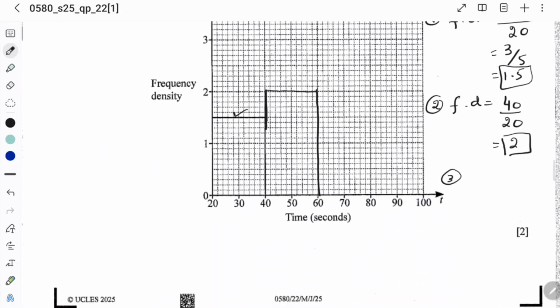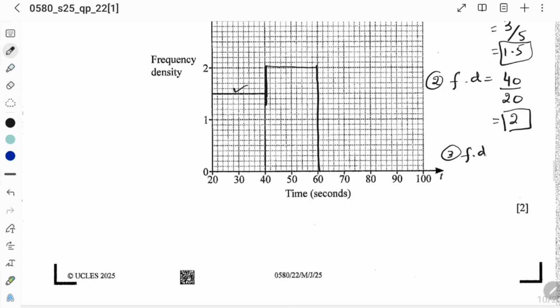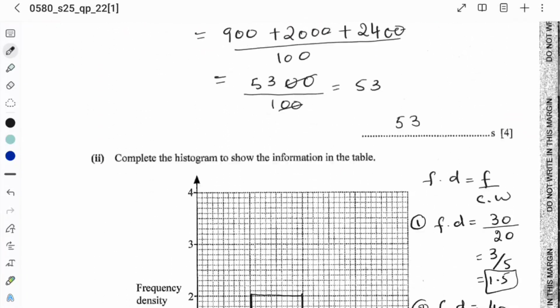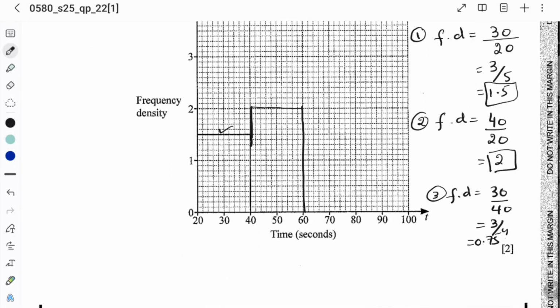So the third frequency density is 30 over 40, which means 3 upon 4, 0.75, for 60 to 100. So this is 60 to 100, and it is 3/4.